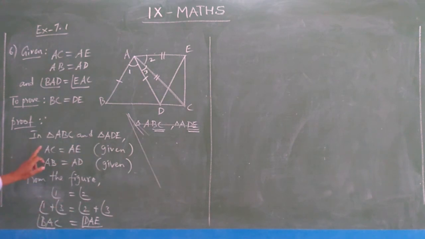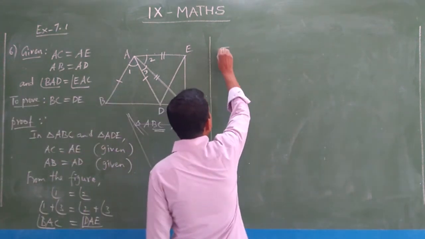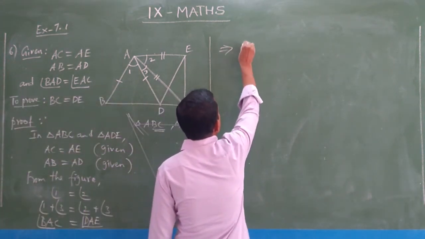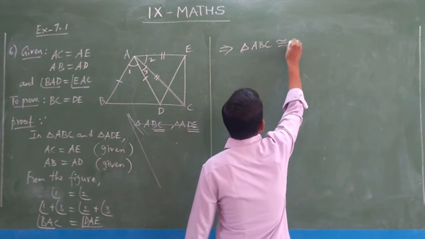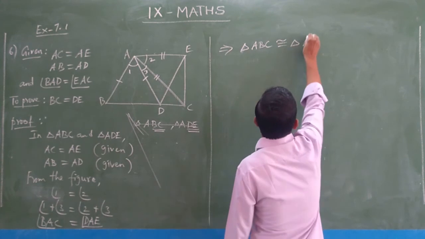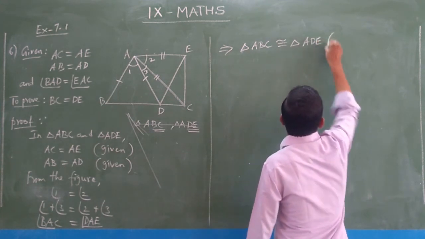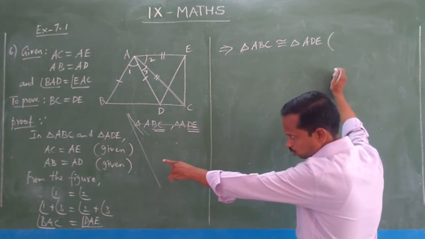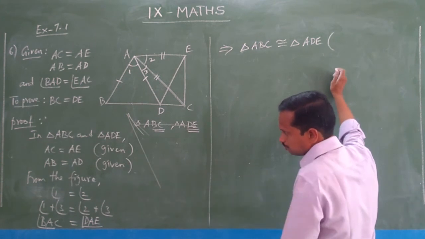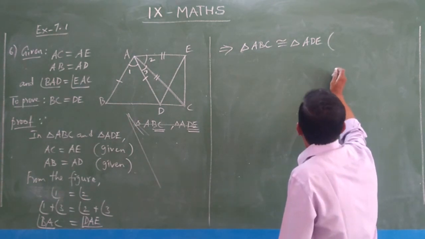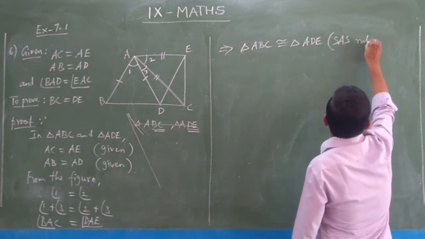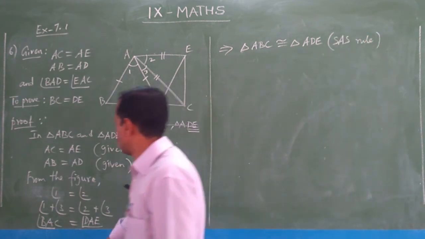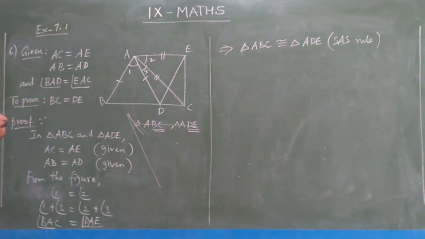So now two sides and one angle. So we can say triangle ABC is congruent to triangle ADE because of two pairs of sides and one pair of angles. That means the SAS rule. Two sides, one angle, so SAS.